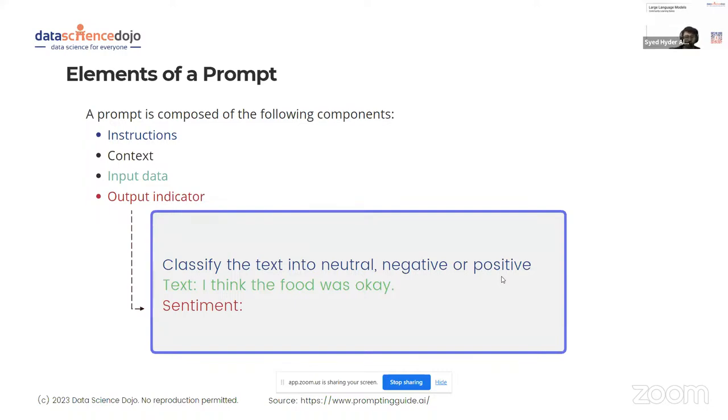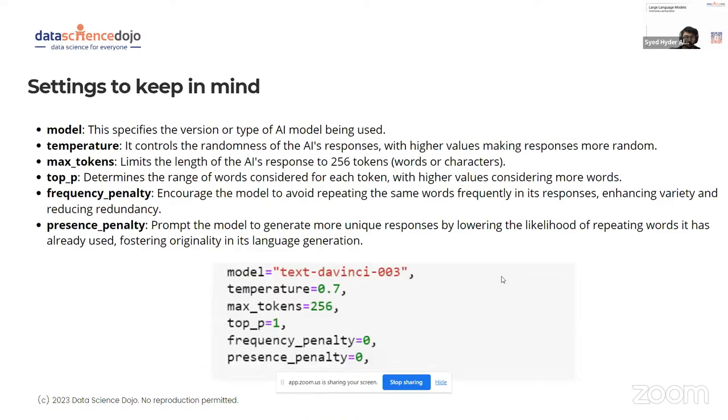While you are working with LLMs, there are some settings to keep in mind because these impact the prompt and output obviously, even with a good prompt. First, the model that you are using, for example text-davinci-003. Then temperature: it controls the randomness of the LLM's responses.